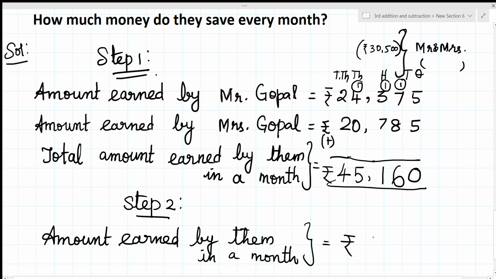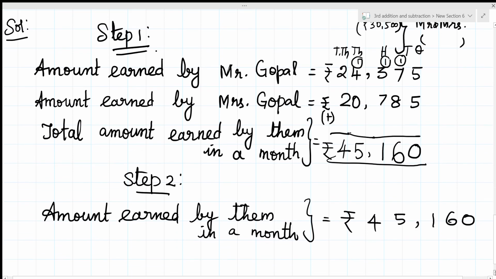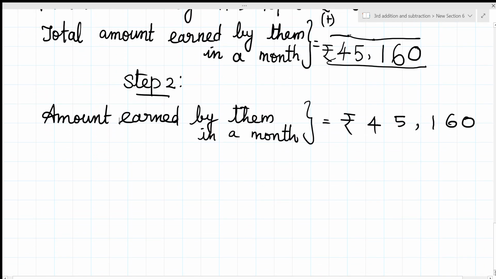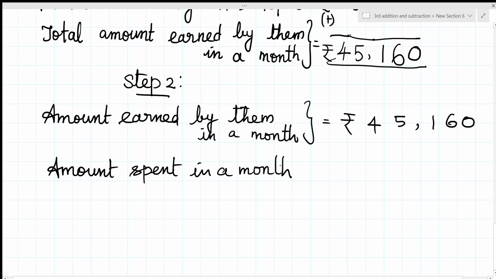Rupees 45,160. Now the second statement is amount they spent in a month. How much they spent? They spent rupees 30,500.